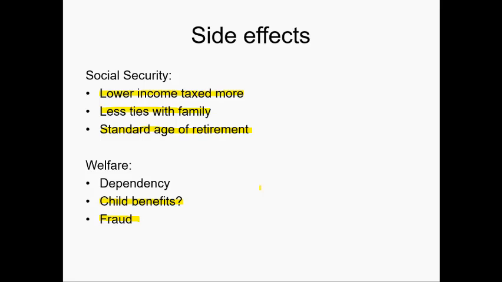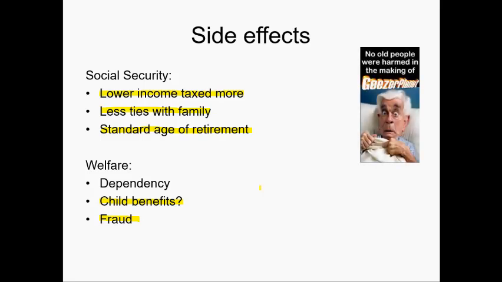We also see considerable fraud in welfare, particularly in disability, where people claim a disability but could actually work. So we've got side effects that we have to deal with in all of our policies that are trying to dispense fairness and consistency throughout the system.